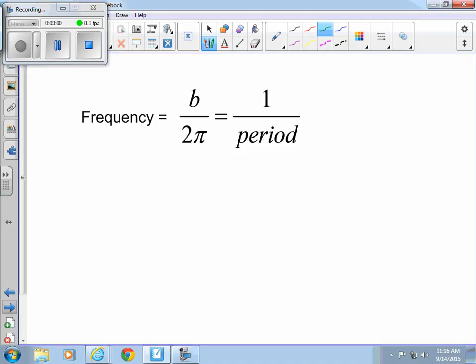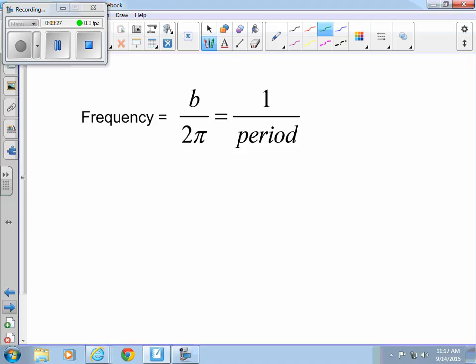And first, before we do any problems, there's a word you need to know, and it's frequency. Frequency is the reciprocal of the period. Let's talk a little bit about units. The period is the time it takes to complete one cycle, right? The time on the x-axis when the sine wave completes one cycle.